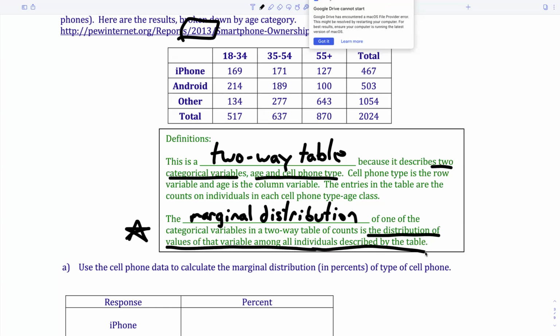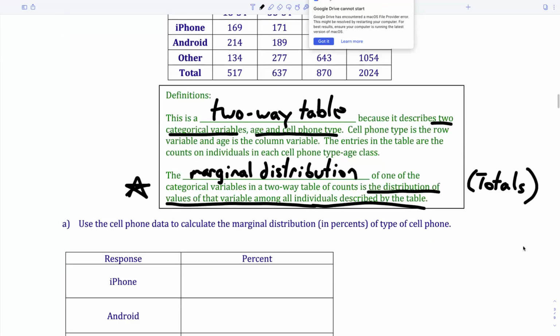Okay. So marginal distributions, I kind of like to write myself a little note because it helps me think about it. Marginal distribution, you're looking at the totals. And I think it will make sense in just a second when I do an example.